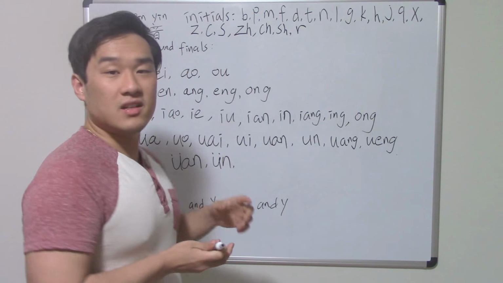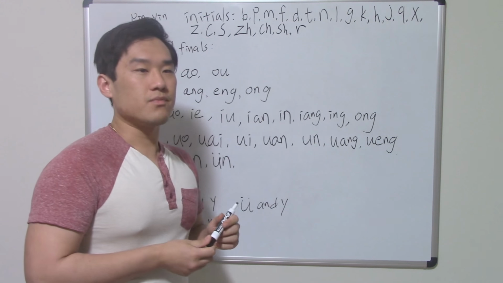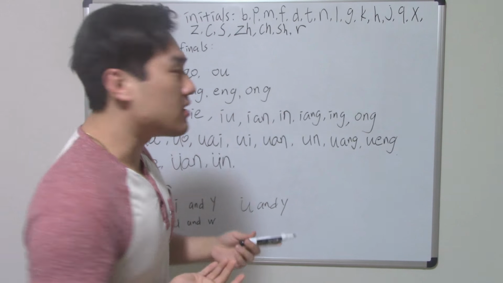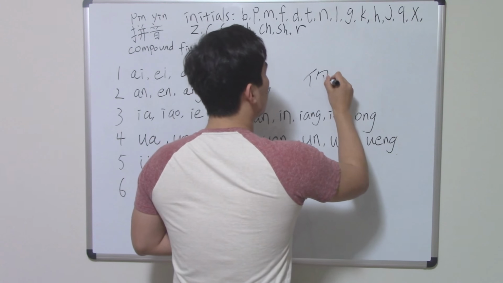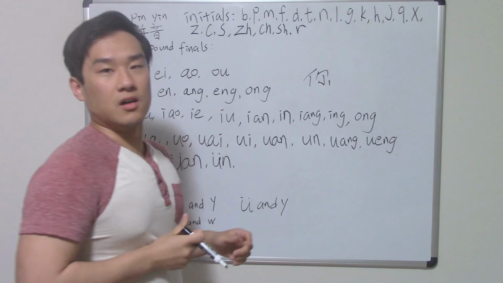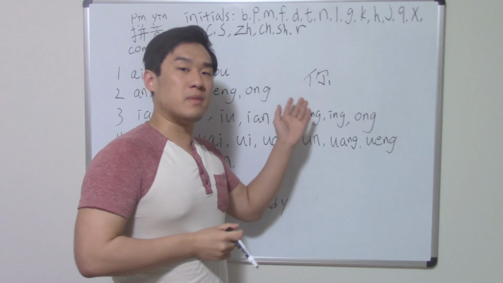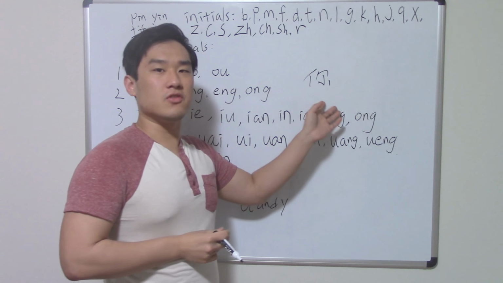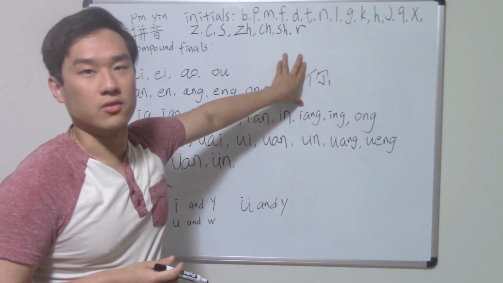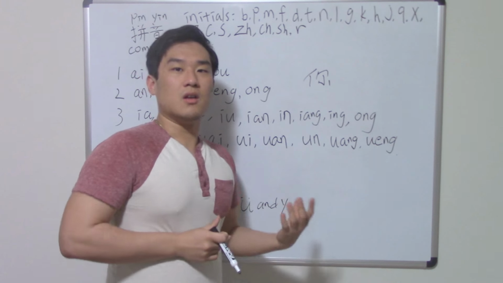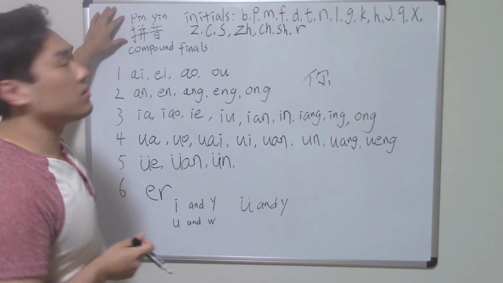Okay. So basically, just to summarize, if you see Chinese characters and you want to pronounce them, we don't really have anything to go on just by looking at the word. So there's a system called pinyin.